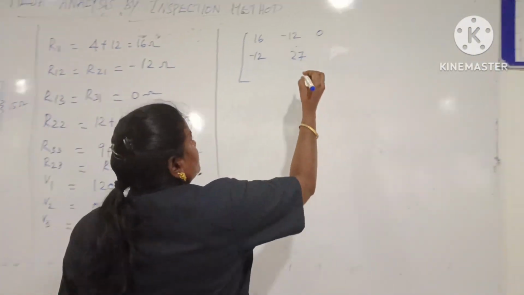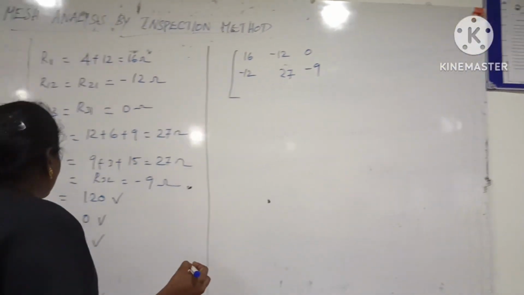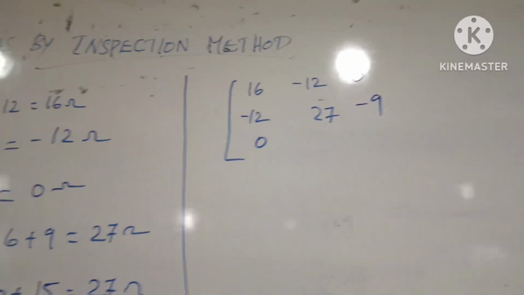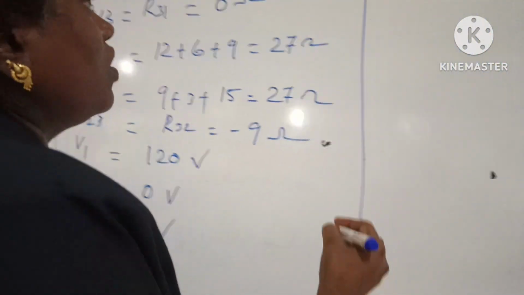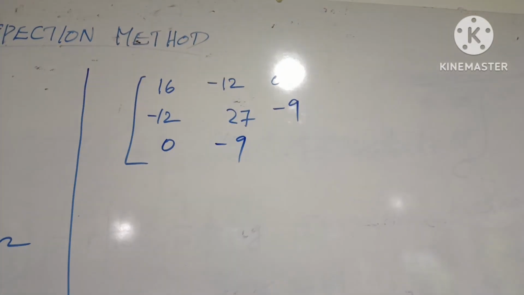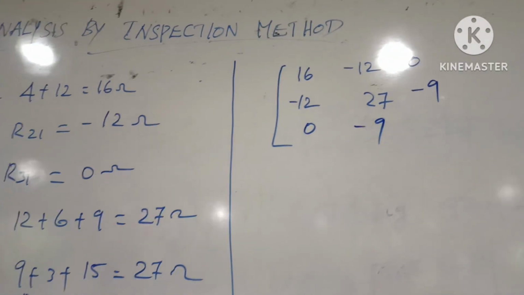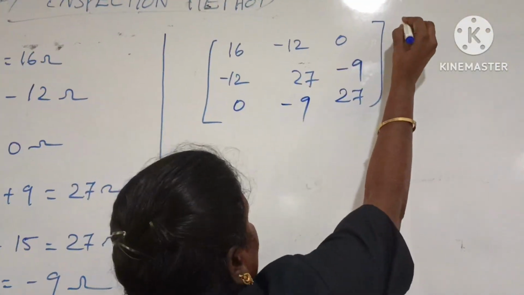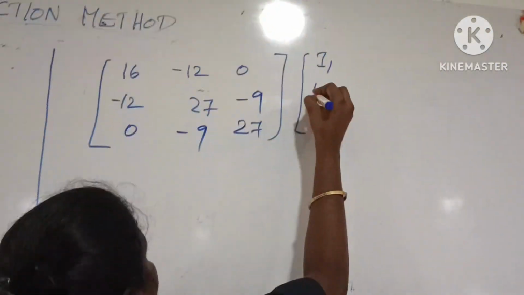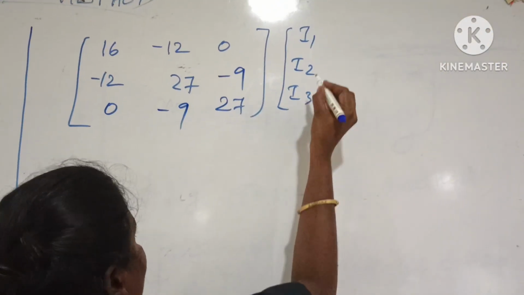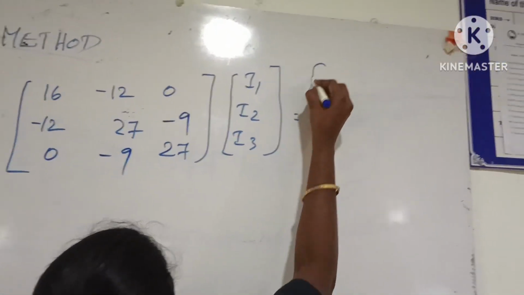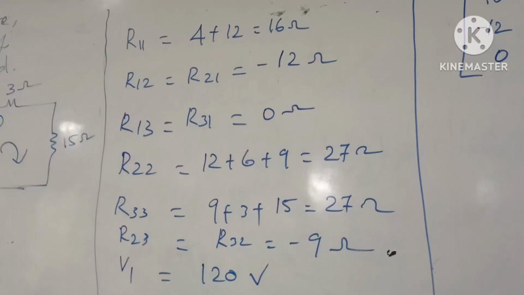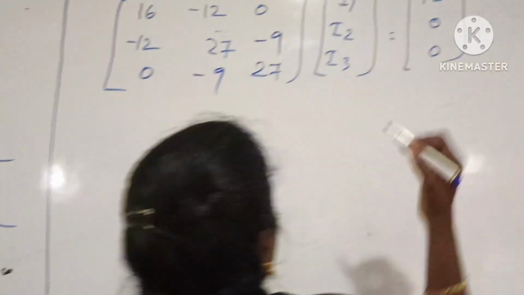R23 value is minus 9. Then R31 is 0, and R32 value is minus 9. R33 value is 27. To find the 3 mesh currents I1, I2 and I3, the voltage source values V1, V2, V3 are 120 volt, then V2 is 0, then 0 voltage.